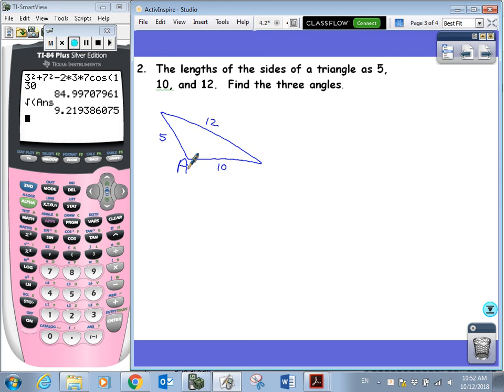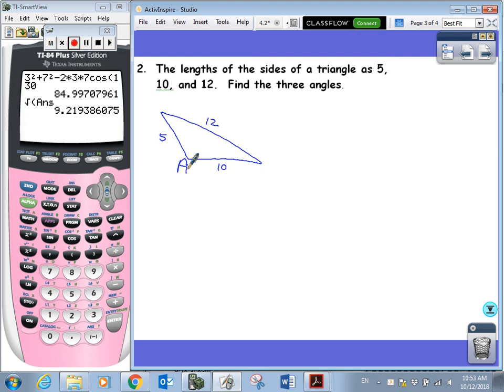But if I find A first, then I know these other angles don't have a chance of being obtuse because they are across from a smaller side, and you can't have 2 obtuse angles. And let's say A was 80 degrees. If A is 80 degrees, there's no way for the 10 to be more than 80, or the 5 to be more than 80, because they're smaller than the 12.